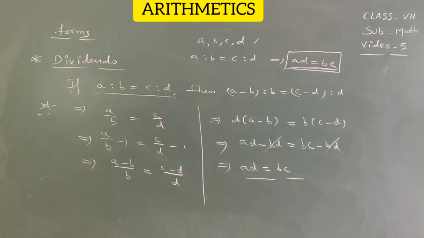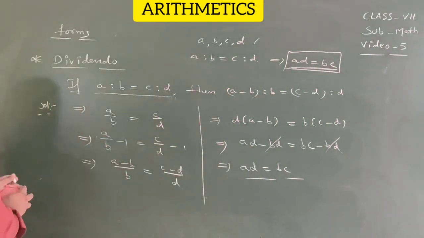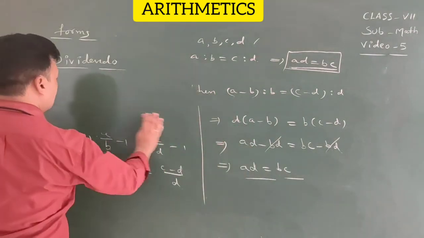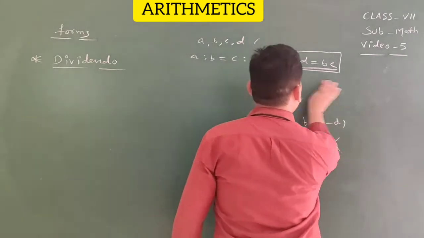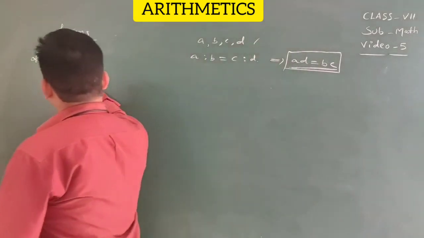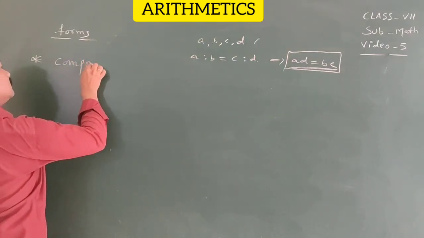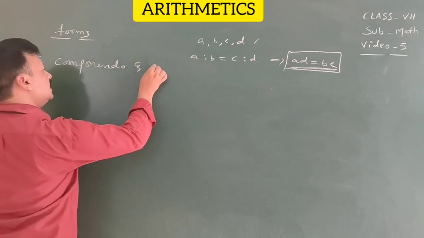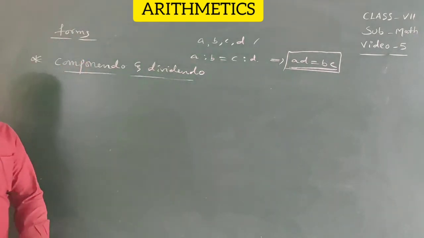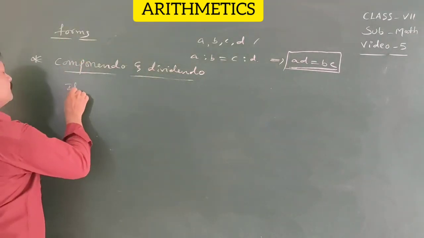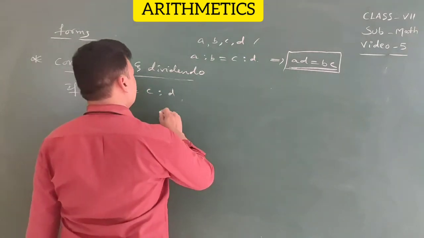Okay. At last, next. Now, componendo and dividendo. If A is to B equal to C is to D, then we get two changes.